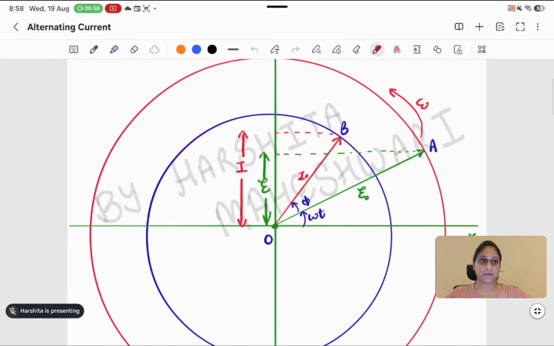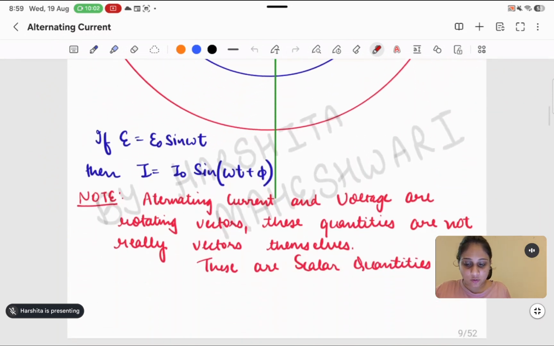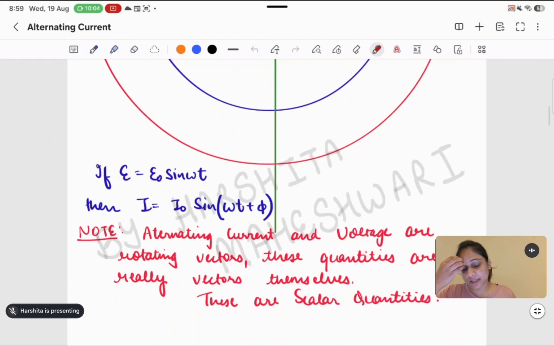Just give me 1 second. So I was taking this phasor diagram in which I'm considering the alternating EMF and current in a particular circuit. Let's suppose the EMF is given by E naught sin omega t, and the current by I naught sin(omega t plus phi). Why?